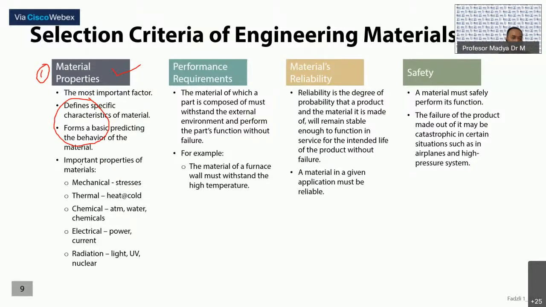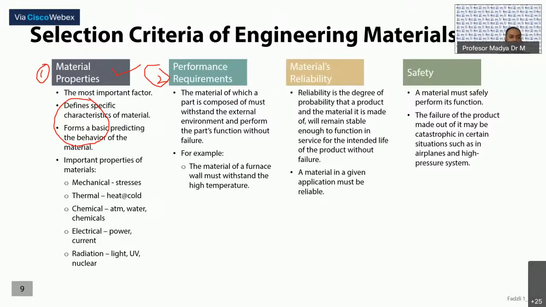And then these are examples of important properties of the material: the mechanical properties, as usual stresses, von Mises, and then the thermal, chemical, electrical, and radiation. These are the important properties of the material. The second one is the performance requirement.